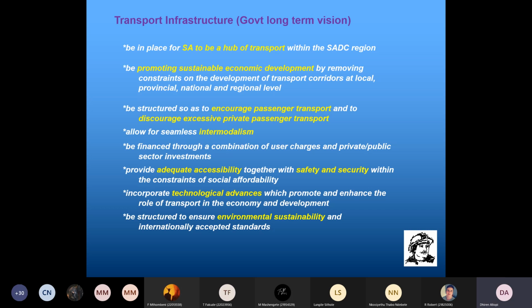adequate accessibility. We spoke about the poor accessibility, especially when it came to the rail network. Many people may question or argue or criticize the minibus taxi industry. But bear in mind that the minibus taxi industry has played a very important role in public transport operation. Yes, it comes with some bad or poor baggage in terms of safety, in terms of reliability maybe.